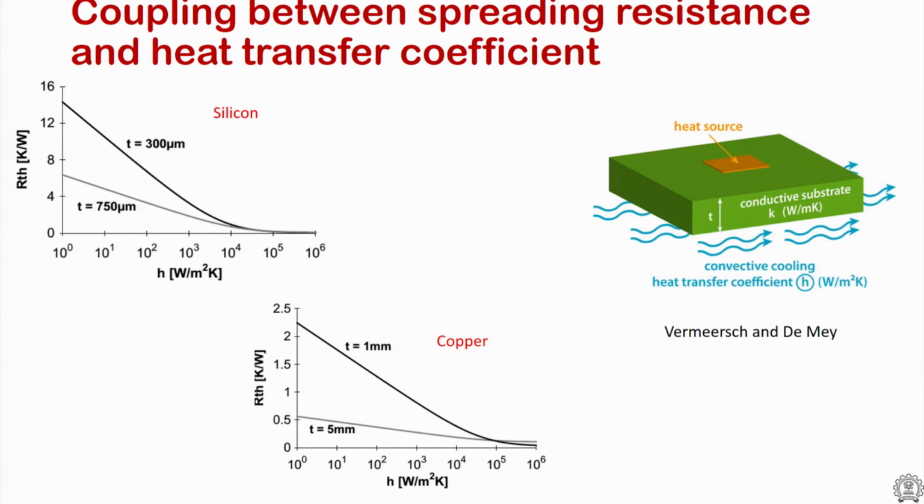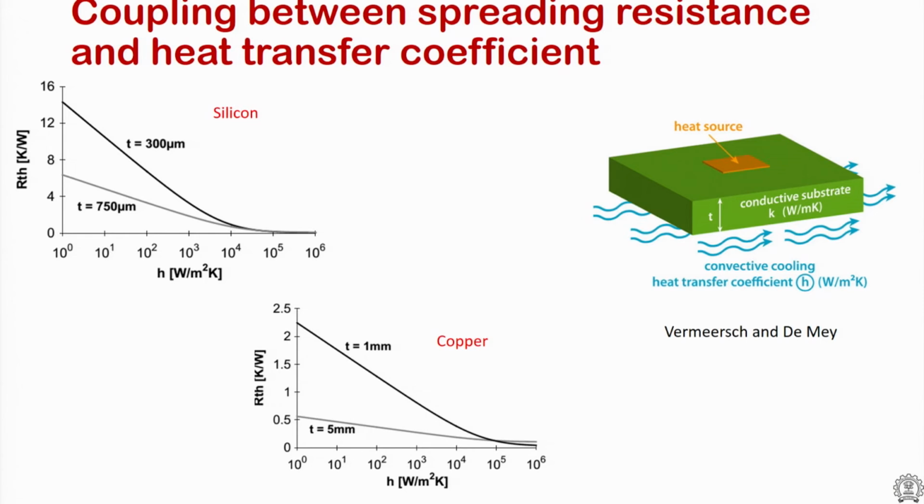The heat transfer coefficient here is at the bottom of the base conductive substrate, where you see some airflow, or some sort of heat transfer fluid, and there is a heat transfer coefficient h shown there. As air is flowing, the heat generated by the heat source is carried away by the air. So there is always a direct coupling between the spreading resistance and the heat transfer coefficient.